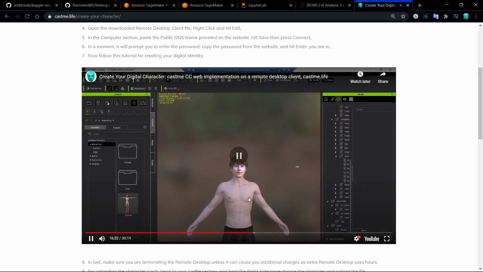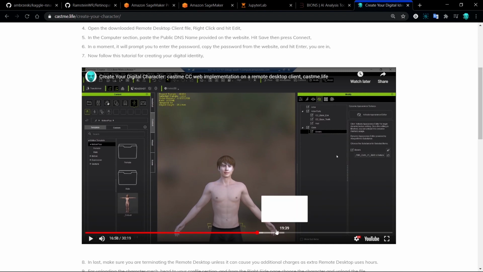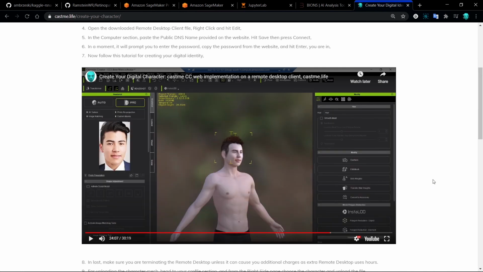So what happens here that I think we just have to run up here on this part for the comparison so that you just don't get bored. This is the kind of character you can create with your photos.